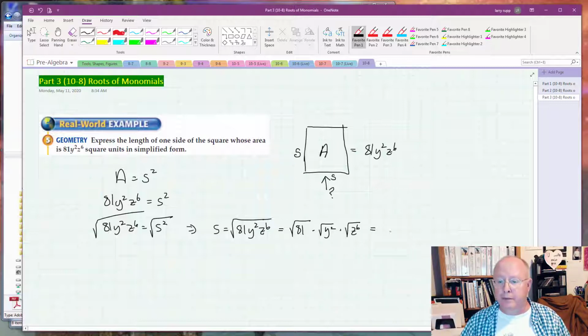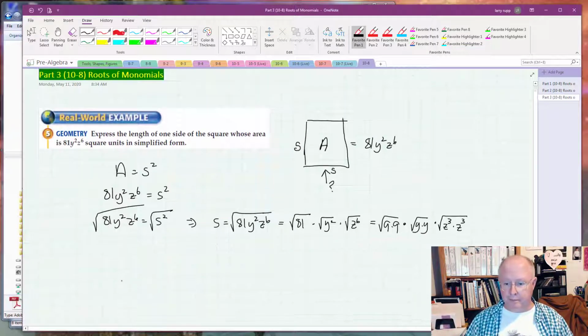The square root of 81, we know that's 9 times 9, times the square root of y squared, which is y times y, times the square root of z to the 6th. So what two things multiplied together, where their exponents are added, give you 6? It would be z to the 3rd times z to the 3rd, because then that would be z to the 3 plus 3, z to the 6th.